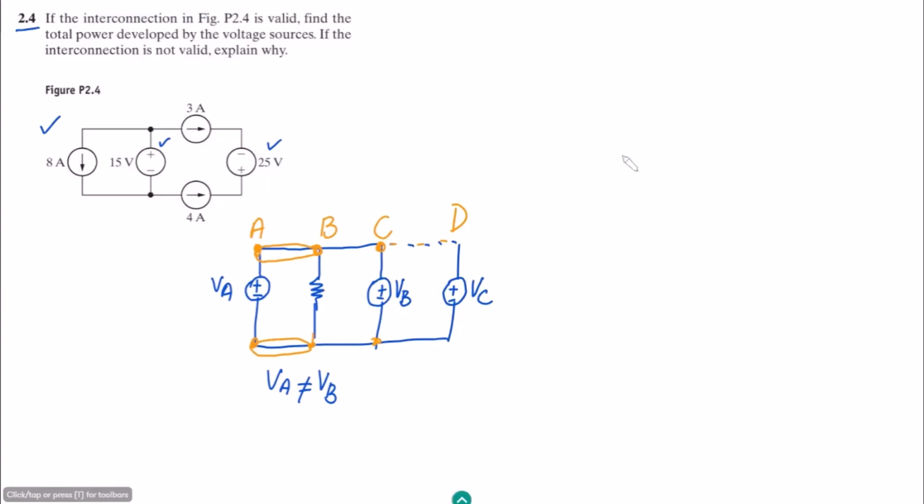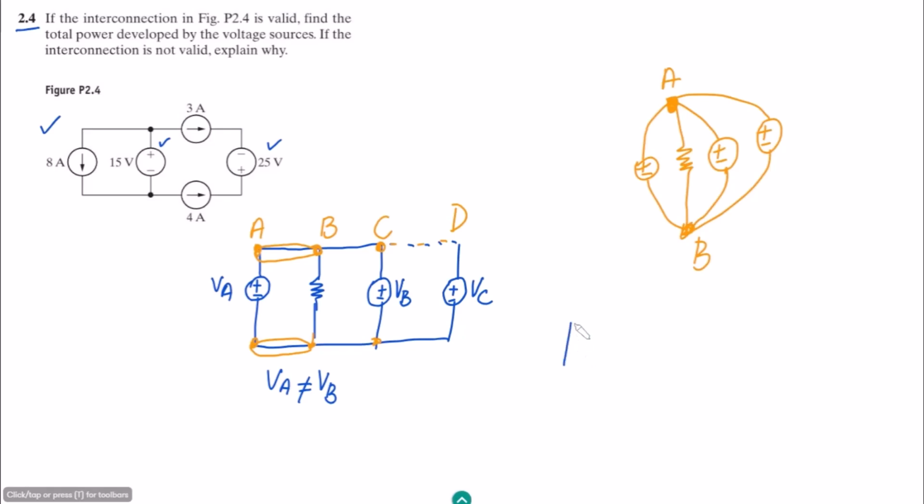If I want to redraw it, I can redraw it this way as well, and if there are more sources, they are here. Here we can see that the connection points A and B are similar, so these are in parallel with each other. When these are in parallel, the voltages remain the same between them, but if they are not the same, this circuit is basically invalid.